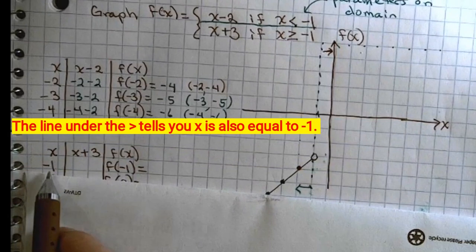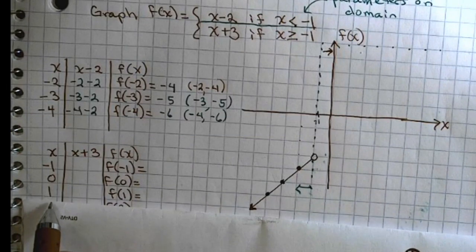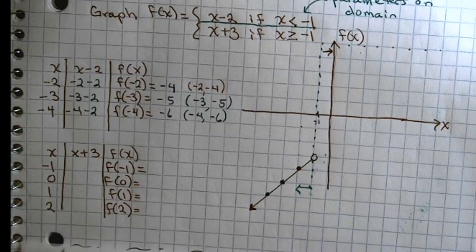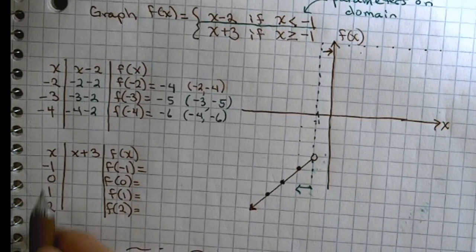Because it's or equal to -1, I'm also going to pick x equal -1, 0, 1, 2. I can keep picking points greater than -1. You could pick fractions.